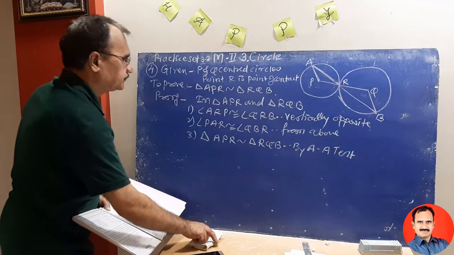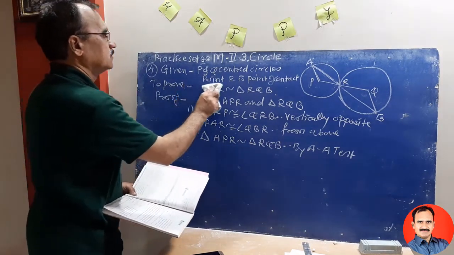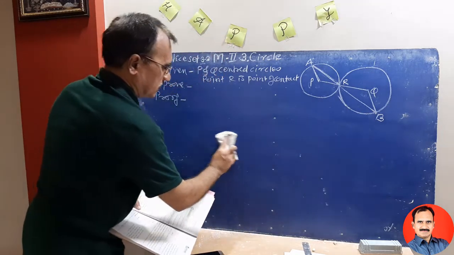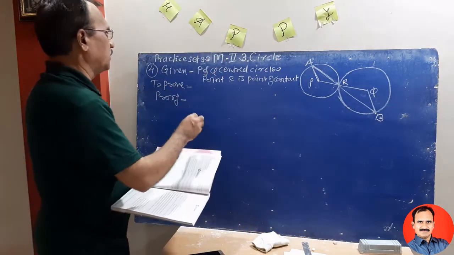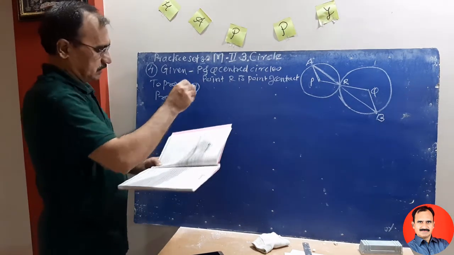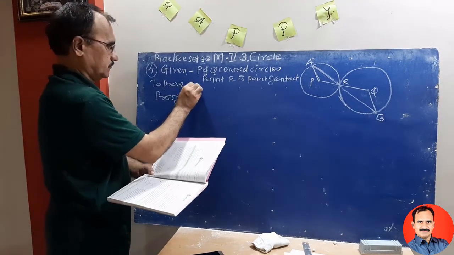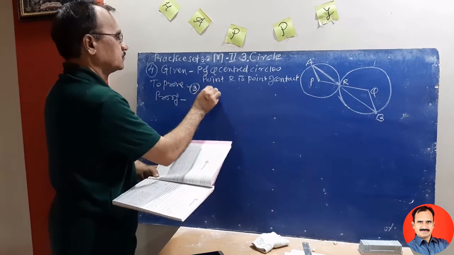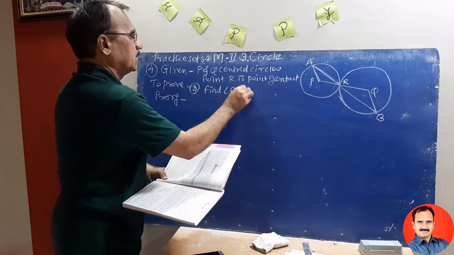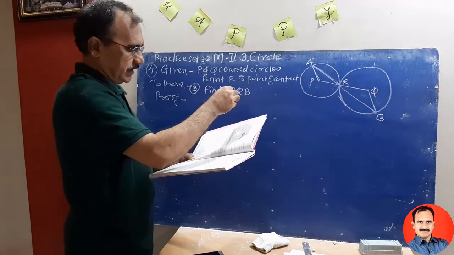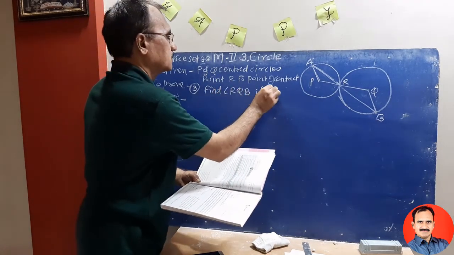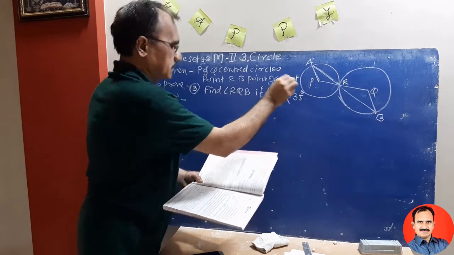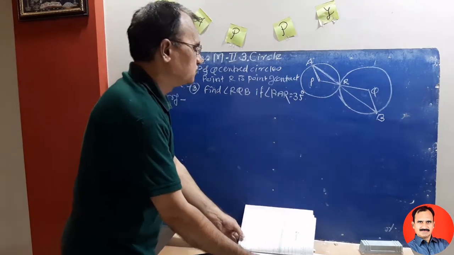And now the third one. There are three parts in the same example. Third part is: find angle RQB, if angle PAR is equal to 35 degrees.